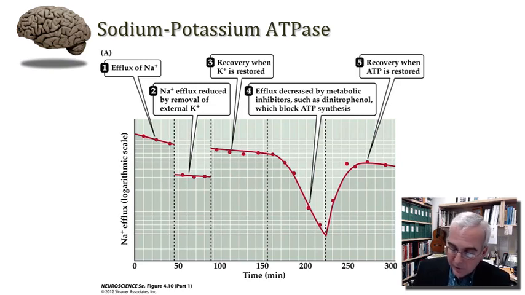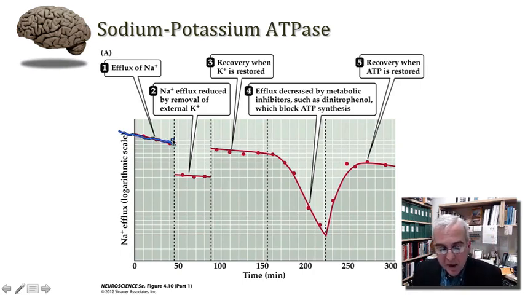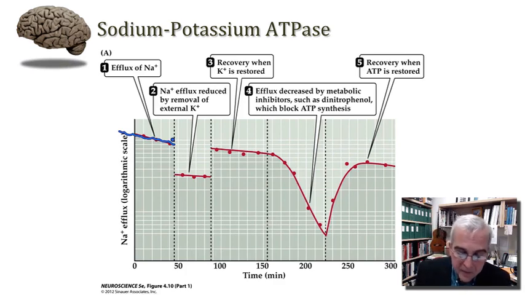So as this experiment unfolds, there is some discharge of sodium ions that can be measured experimentally, and if one removes potassium from the medium outside of the cell, now there's a sudden drop in the activity that's being indicated by the efflux of sodium.